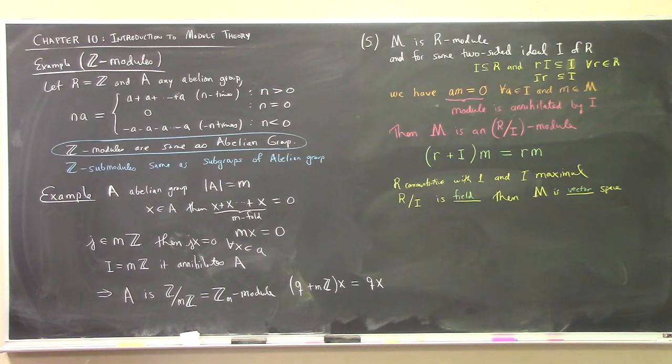But indeed, an abelian group of order m is naturally a Z mod mZ module.